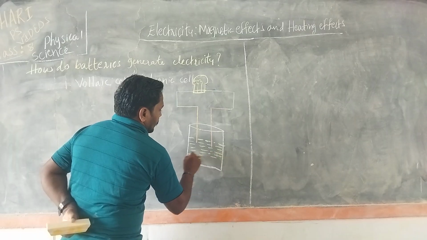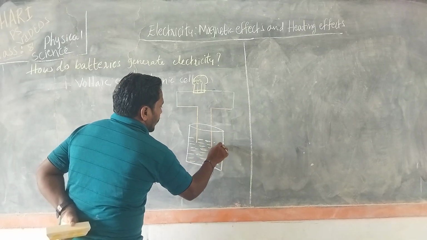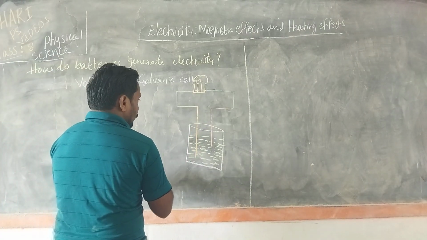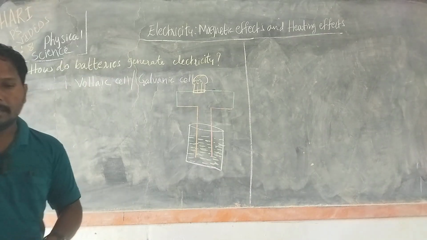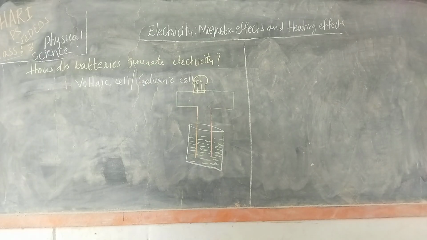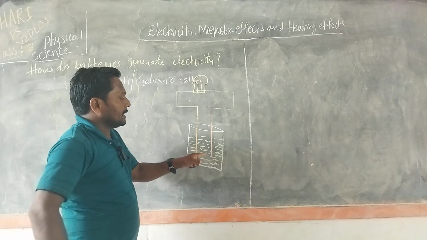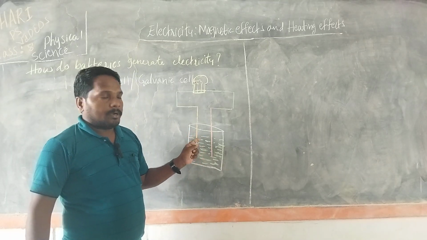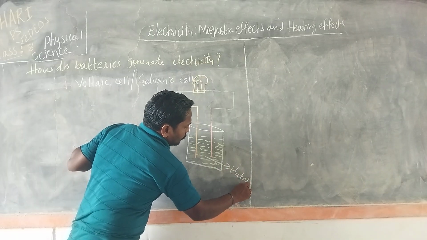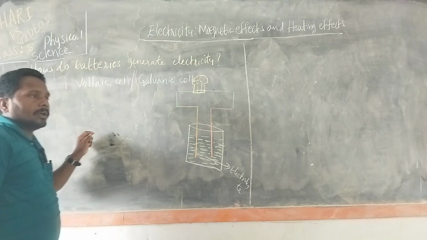This is a simple representation of a voltaic cell. As we discussed earlier, what are some important terms? The voltaic cell consists of a solution. This is an electrolyte.